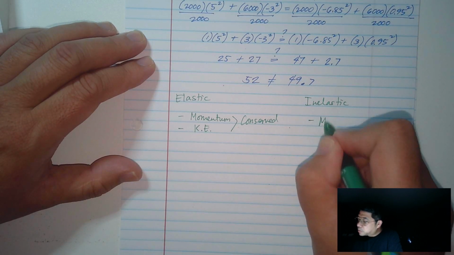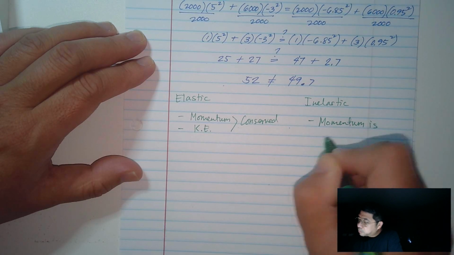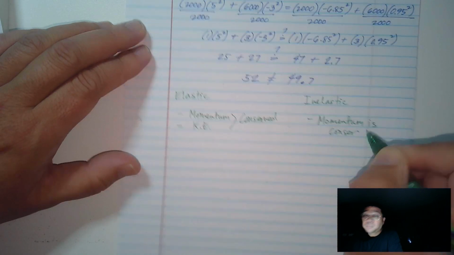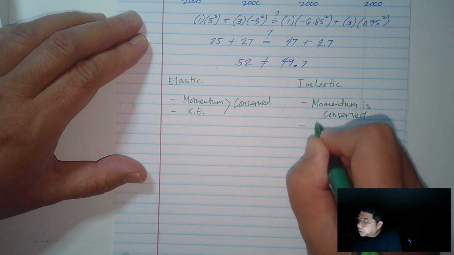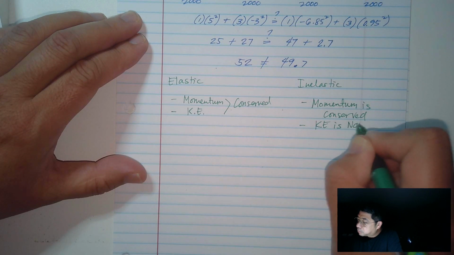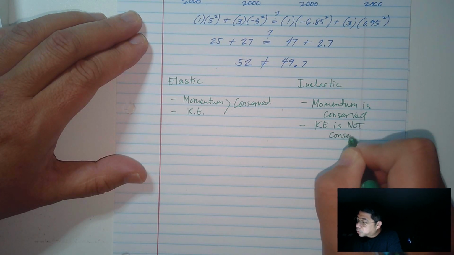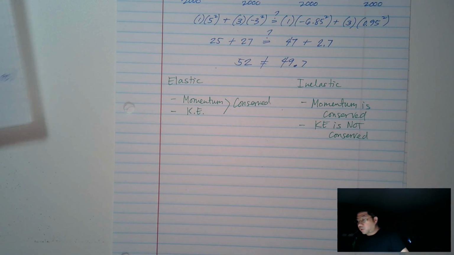Inelastic, meaning momentum is conserved, and kinetic energy, no. So energy was not destroyed, but instead it was transformed to another form.